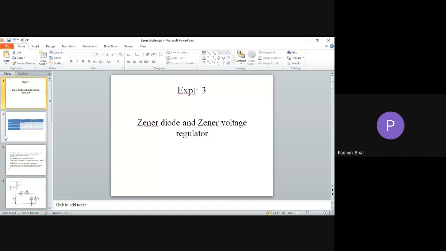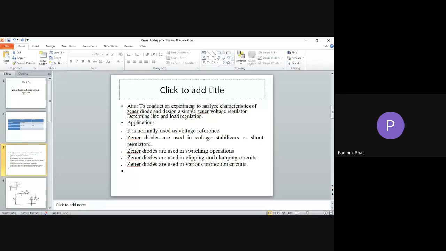Now, the aim of this experiment is to conduct an experiment to analyze characteristics of Zener diode and design a simple Zener voltage regulator, and also to determine the line and load regulations. Let me tell you what is line regulation and what is load regulation and why they are important to us.